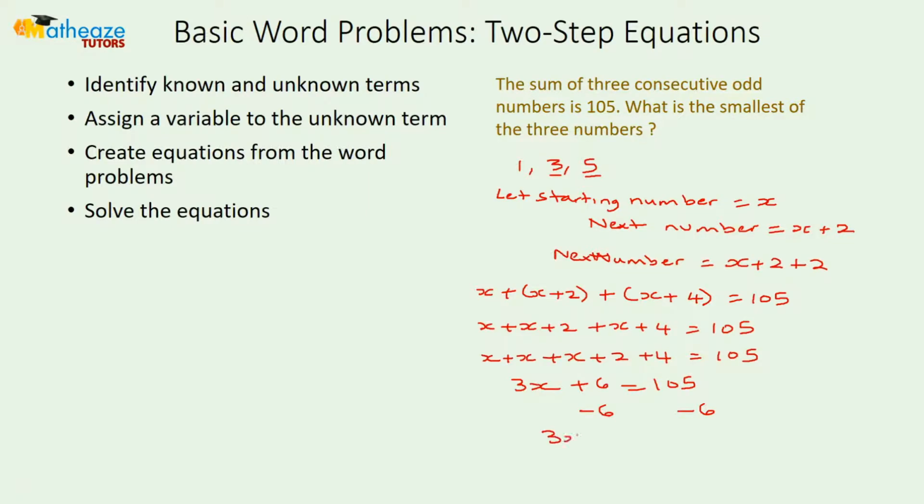So 3x equal to 99, and then we divide by the coefficient of x. So we now have x equal to 33. So that means the smallest number is 33.